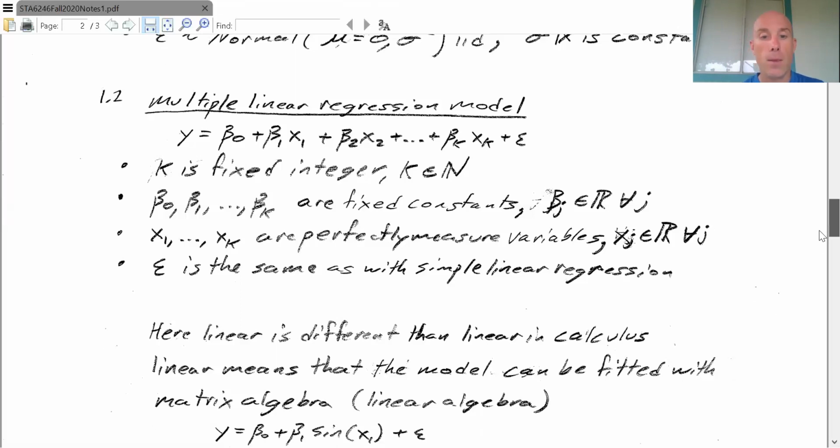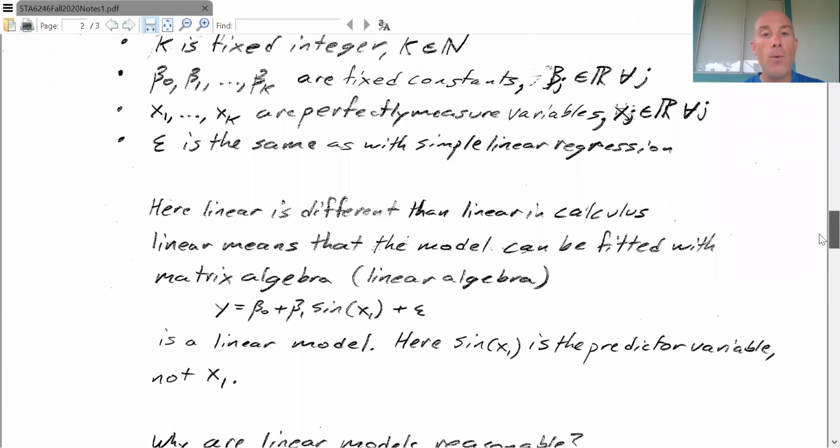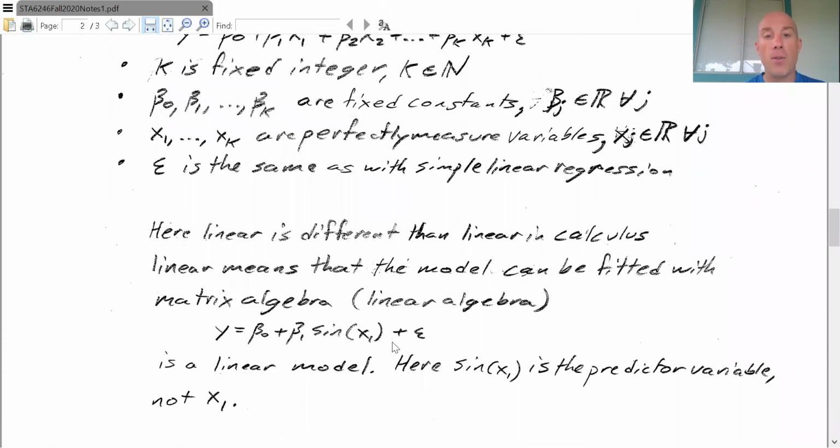So for example, let's look at this equation. In college algebra, in calculus, this is not a linear equation because I have sine in here. But let's change this up for a bit. If I took a bunch of values of x1, put them into the sine function, and then took that list of values, I could make that into a vector.